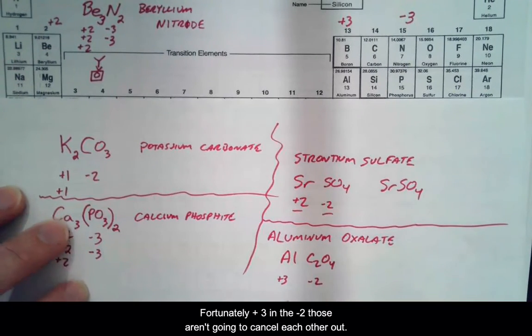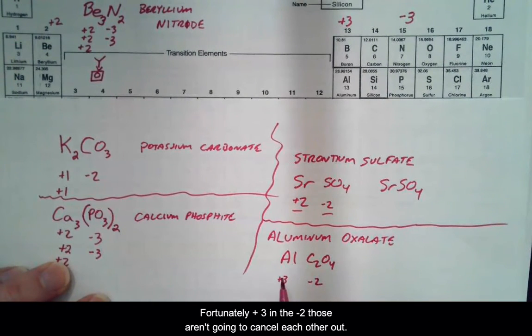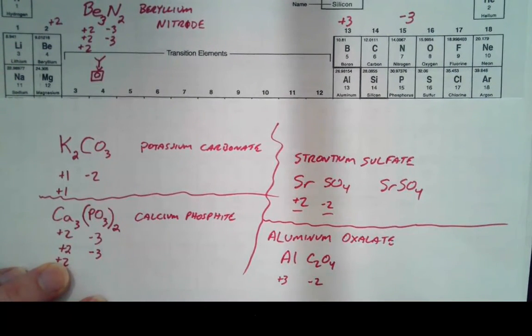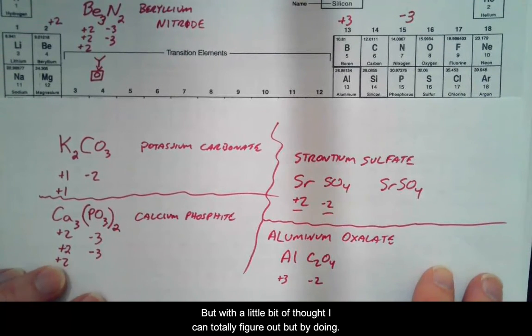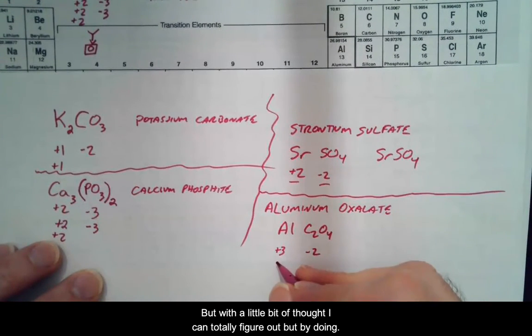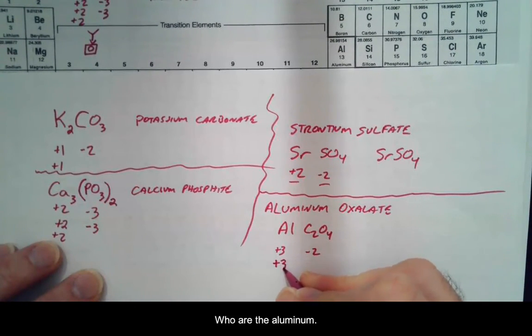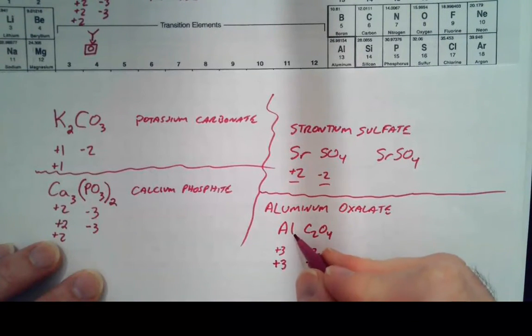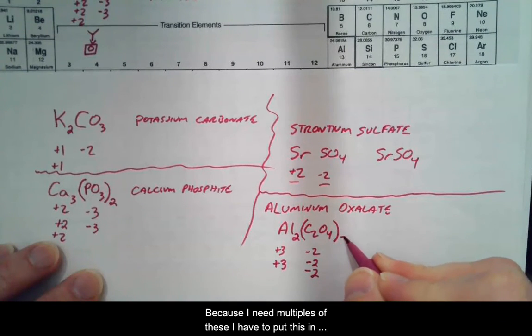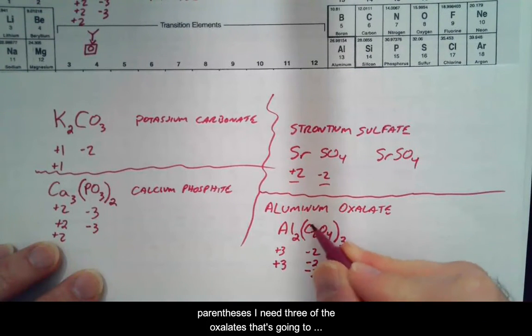Now, unfortunately, the +3 and the -2, those aren't going to cancel each other out. But with a little bit of thought, I can totally figure out that by doing 2 of the aluminums and 3 of the oxalates, and again, because I need multiples of these, I have to put this in parentheses.